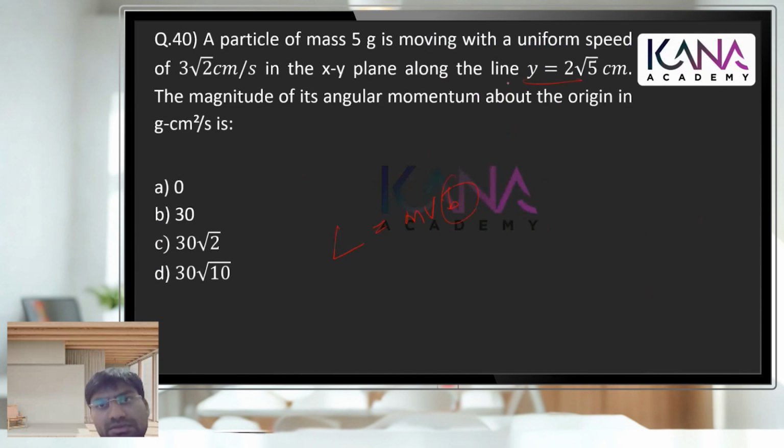So it will be 5 times velocity 3 root 2 into b, which is 2 root 5. 5 3 15, 15 into 2 30, and then 5 into 2 is 10.